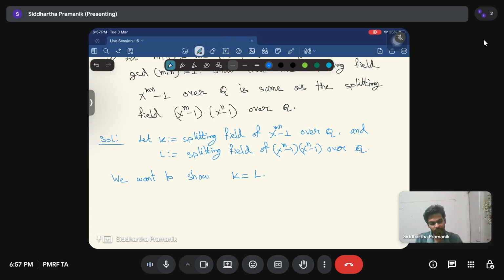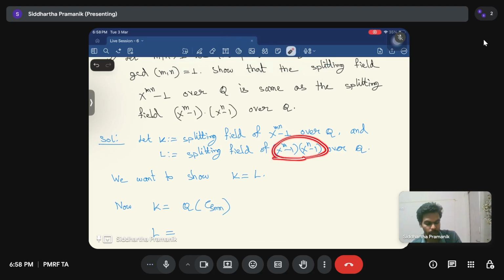So what is K and what is L? K is basically the mnth cyclotomic extension, so Q adjoin zeta mn, right? And what is L? L is the splitting field of this polynomial, but this is a product of these two polynomials. So it must contain all the roots. So it must contain a primitive mth root as well as a primitive nth root.